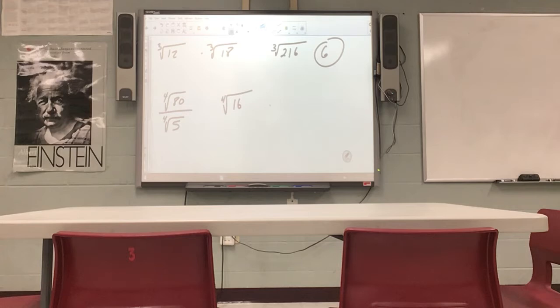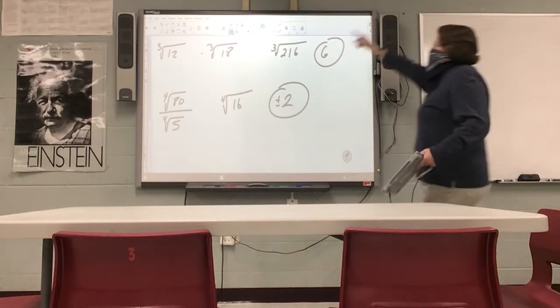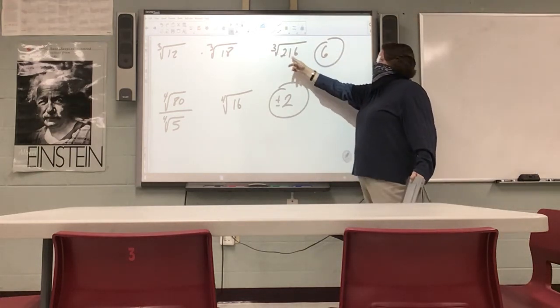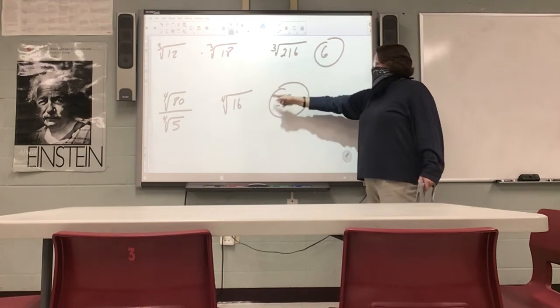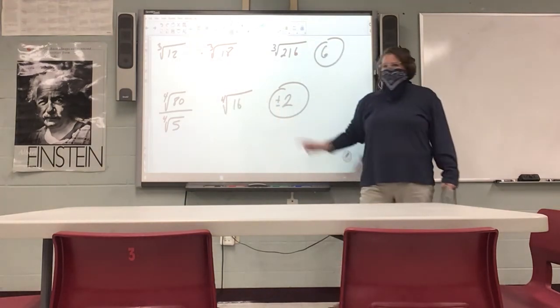What's the fourth root of 16? Hit math 5 and type in 16. We get 2. Now, I need to put something with this 2, and we talked about it yesterday. Because we did an even root, we got to throw the plus minus sign. Up here on the first one, it was an odd root, so we just kept the sign that it was. Even root, plus minus sign.